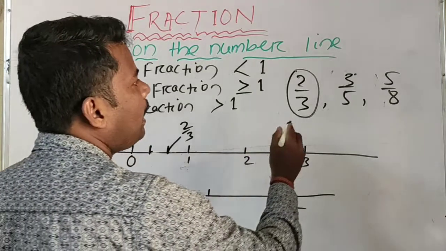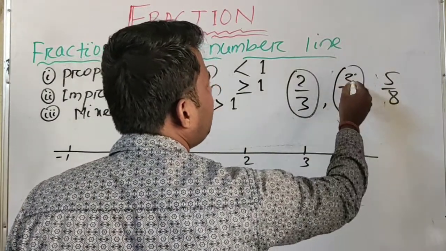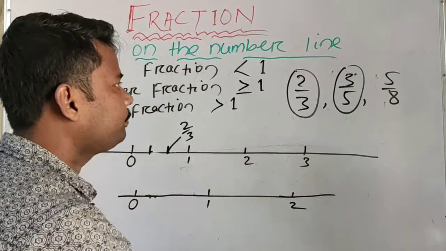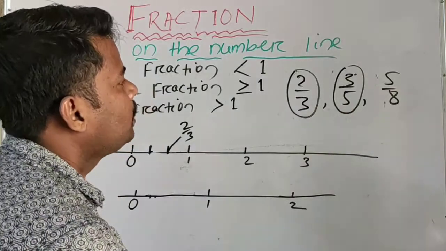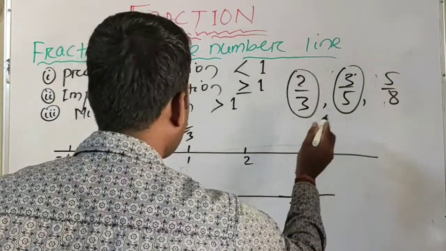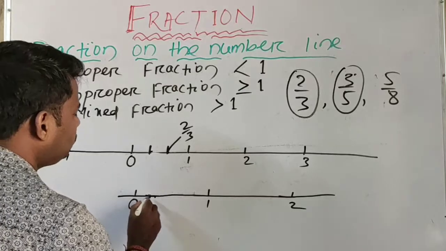Next we will take another example of how to represent 3 by 5 on the number line. How much is its denominator? 5. So we have to divide equally into 5 parts from 0 to 1.